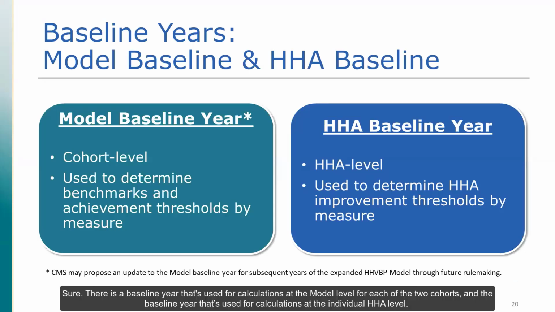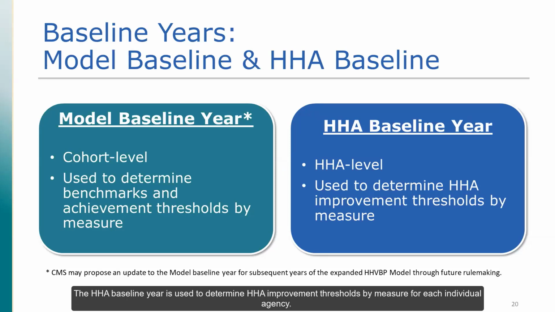Sure. There is a baseline year that's used for calculations at the model level for each of the two cohorts, and a baseline year that's used for calculations at the individual HHA level. The model baseline year is used to determine the benchmarks and the achievement thresholds for each cohort and each measure.